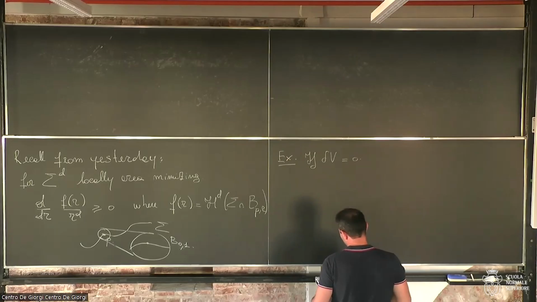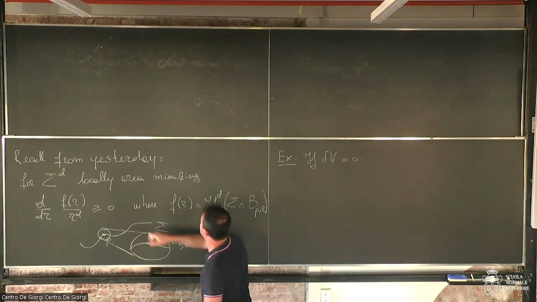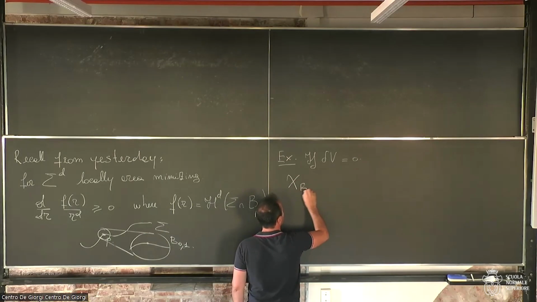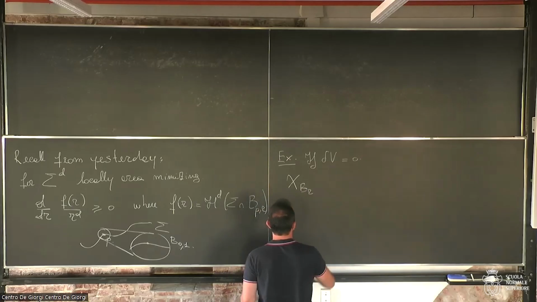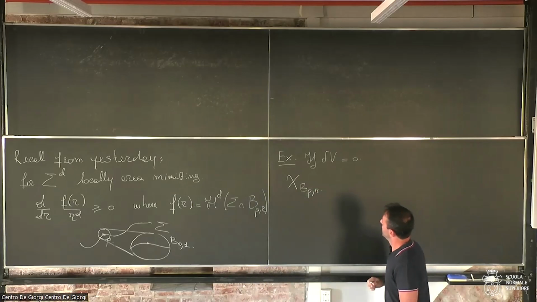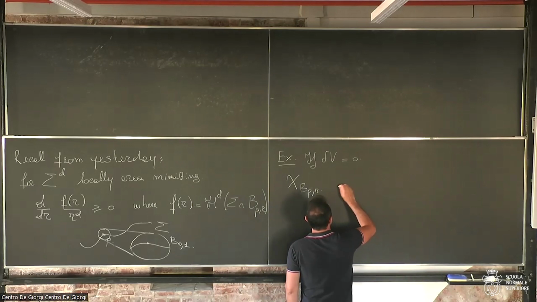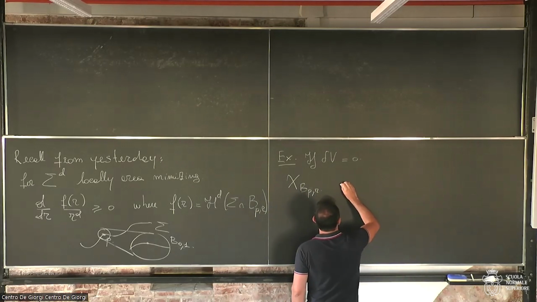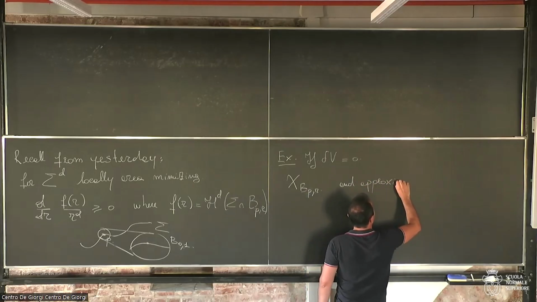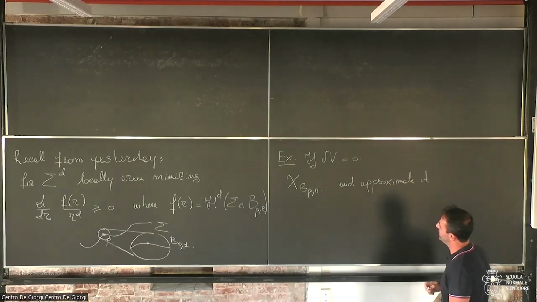If you have a stationary varifold, what I suggest you to do as a hint to extend this monotonicity formula is to consider the characteristic function of B_r(x), same notation, and to approximate it with something smooth.